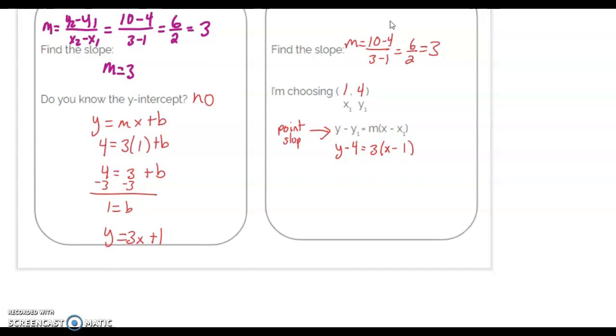Now the disadvantage to point-slope form is it's harder to remember, but the advantage is it's really easy to simplify. So now if you want to simplify so it's y equals, first we distribute the 3, so we get 3x minus 3. And now we want y by itself, so we add the 4 over. So we get y equals 3x plus 1. So same answer both ways, you just have to do the method that you prefer.